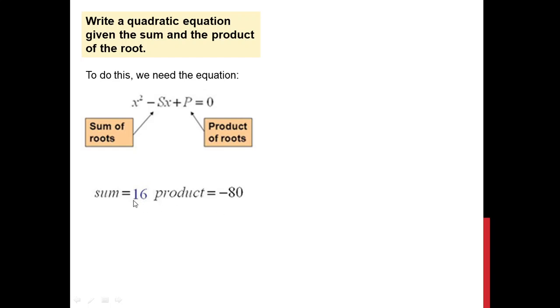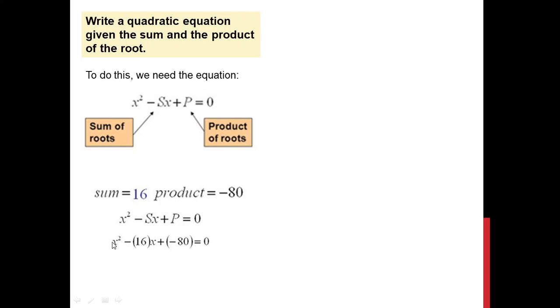Given the sum equals to 16 and the product negative 80, find the quadratic equation. To solve for that one, we need the formula x squared minus sx plus p equals to 0. Now all we need to do is to substitute the value of s, which is the sum, and the p, which is the product of the roots.